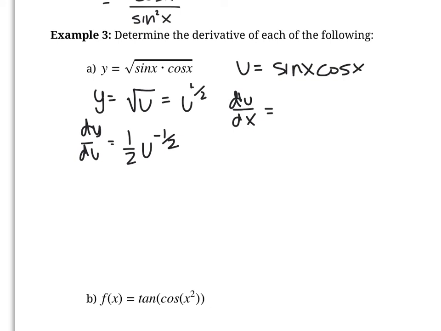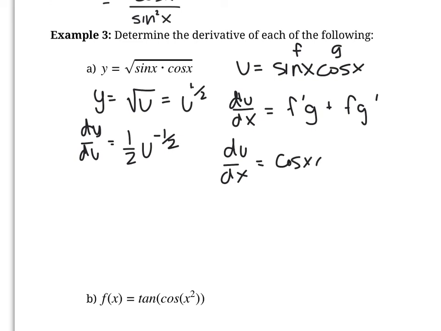And the product rule tells us, I'm just going to write it out here. So if we call this first part f, and we call this second part g, right? The derivative is going to be f prime g plus fg prime. So du by dx is going to be the derivative of f, so the derivative of sine x, which is just cos x, times g, which is cos x as well, plus f, which is sine x, times the derivative of cos x, which we know is negative sine x.